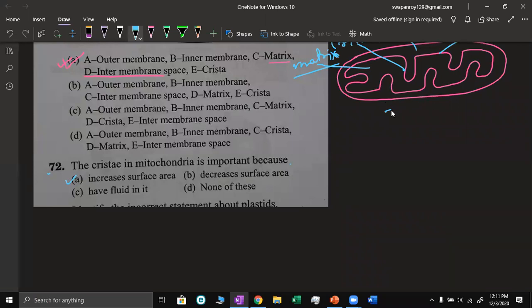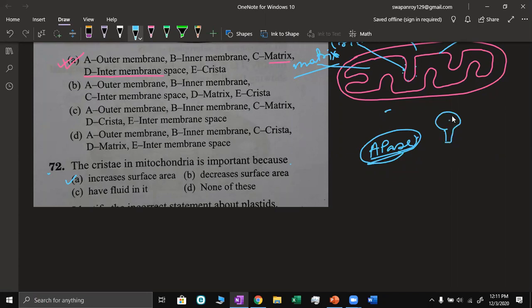A lot of membrane is packed within a small space, and this is required for the ATPase molecules to be arranged, because the inner mitochondrial membrane contains the electron transport system and ATPase molecules, the elementary molecules.